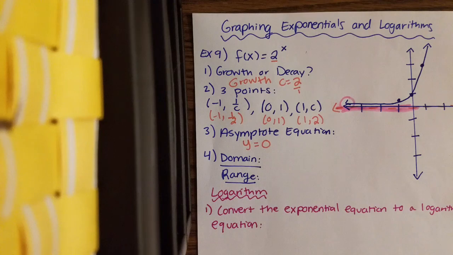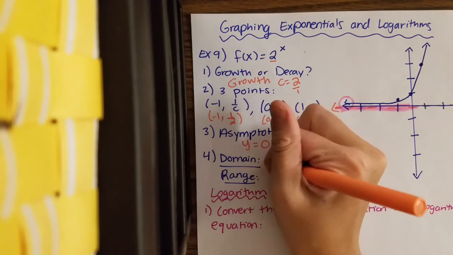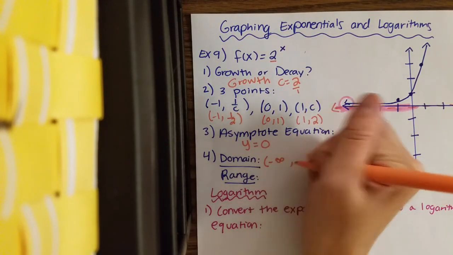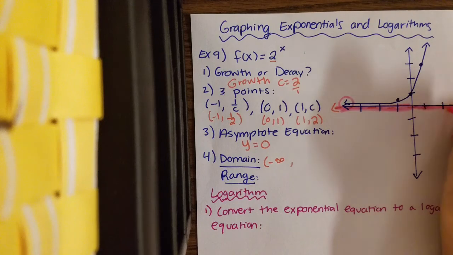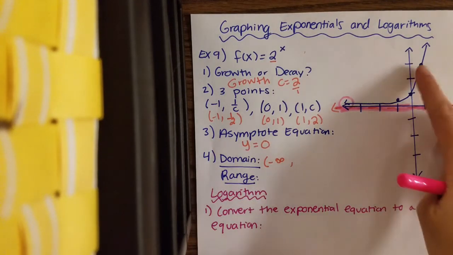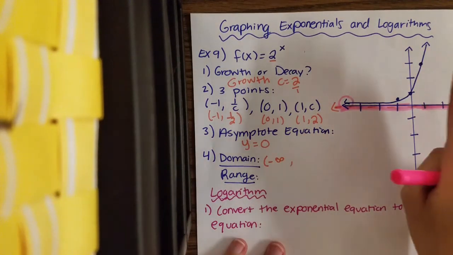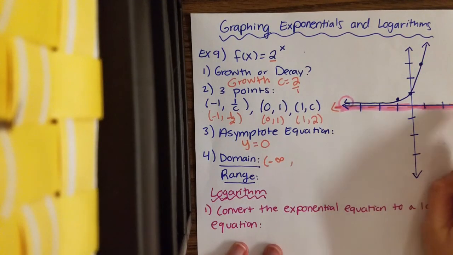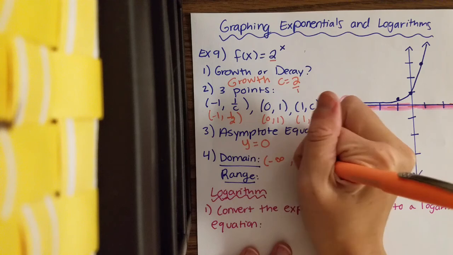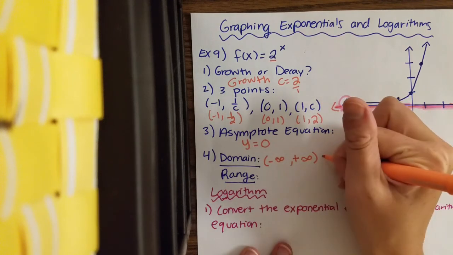And remember, we cannot equal -infinity. And then you ask yourself, how far right does the graph go? So now we're looking on the right side. It doesn't look like it, but I promise you it will continue to get wider and wider. So on this side, all the x's will be used. So from -infinity to +infinity.